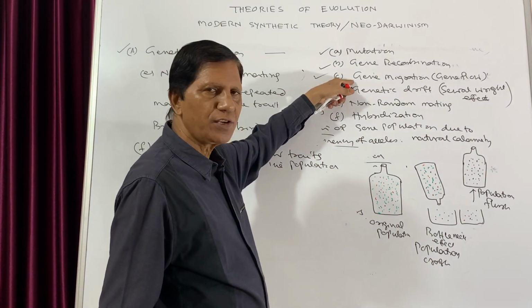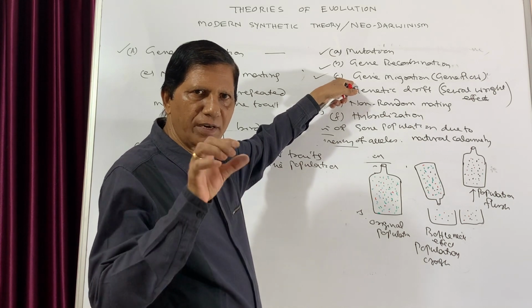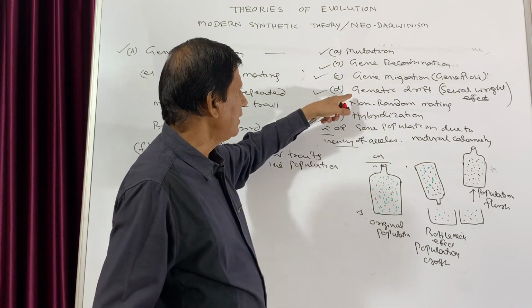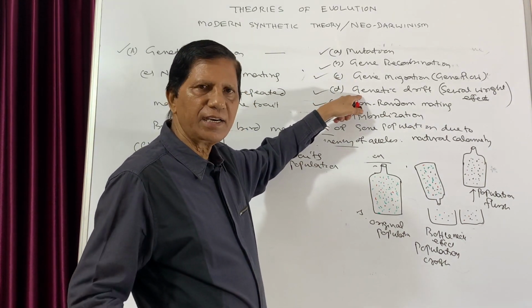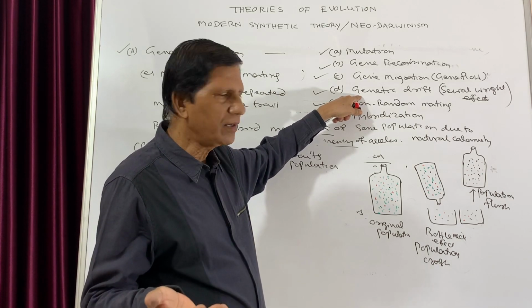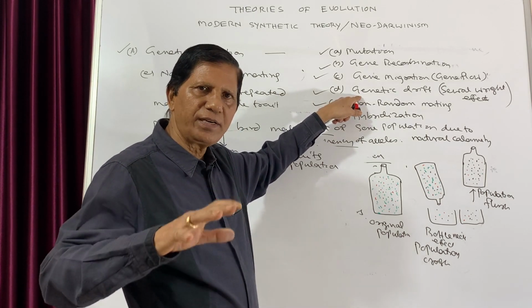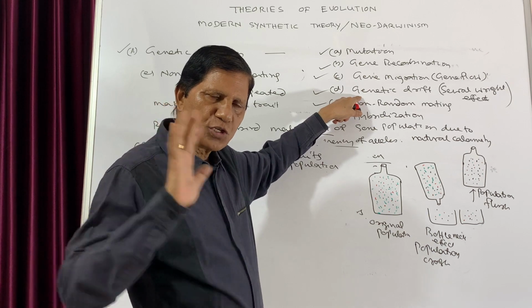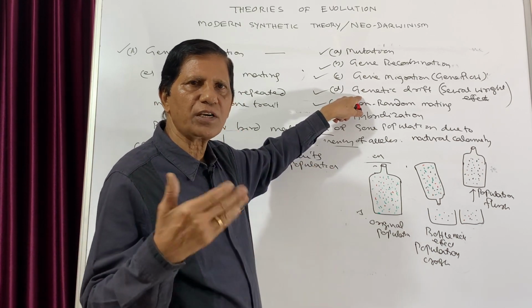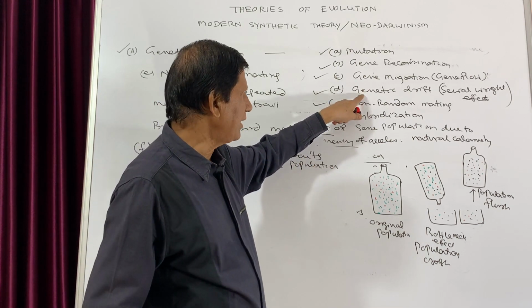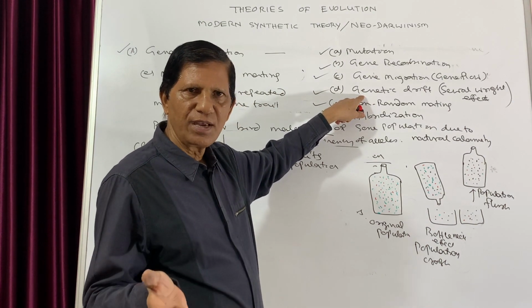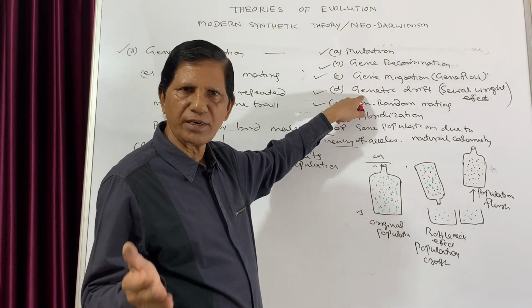Then gene migration, that means some population will migrate from one place to another. Then genetic drift is due to chance elimination, and the chance elimination may take place due to forcible migration or due to certain natural calamities. And genetic drift is of two types: founder effect and bottleneck effect.